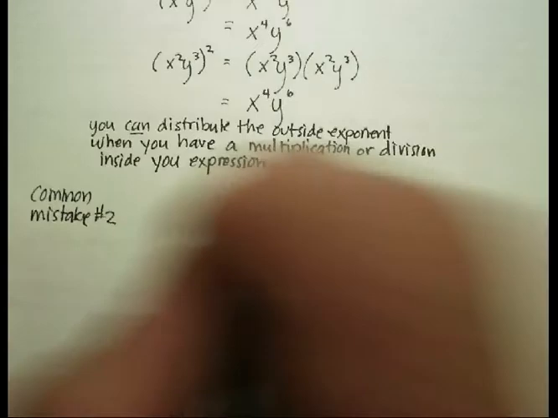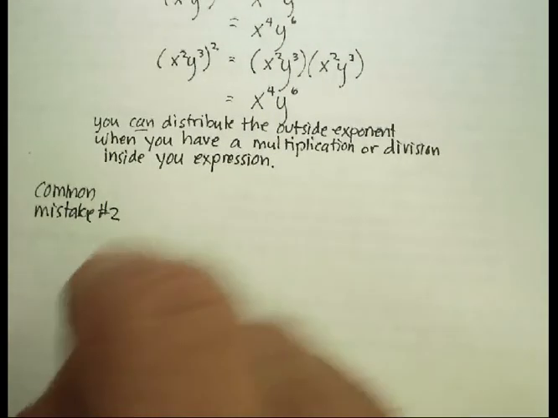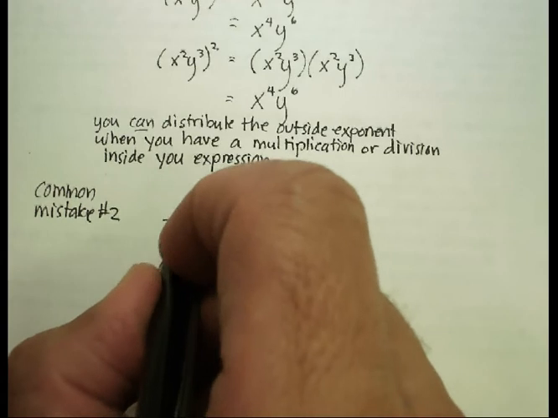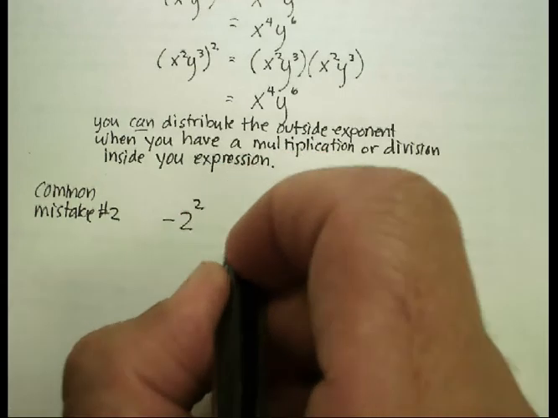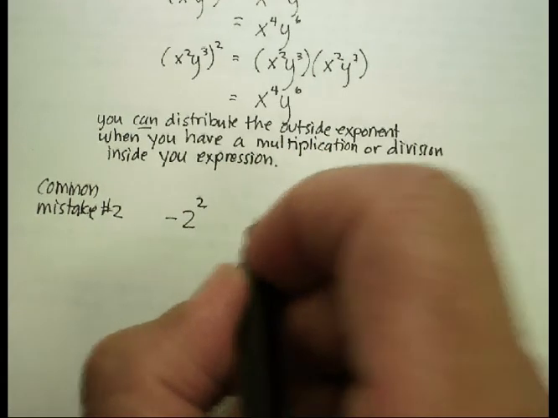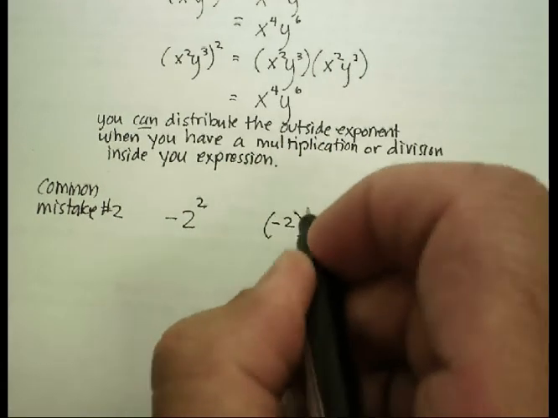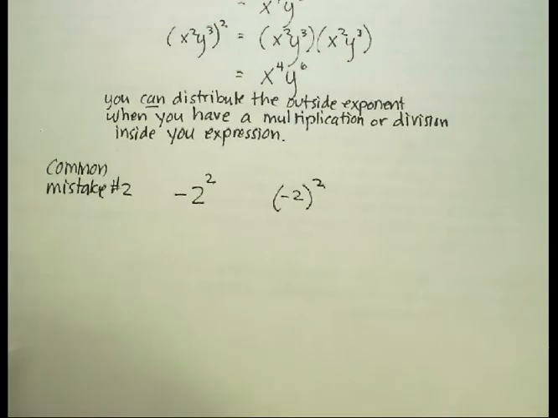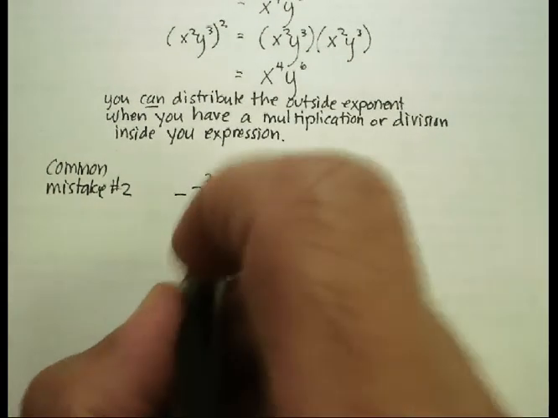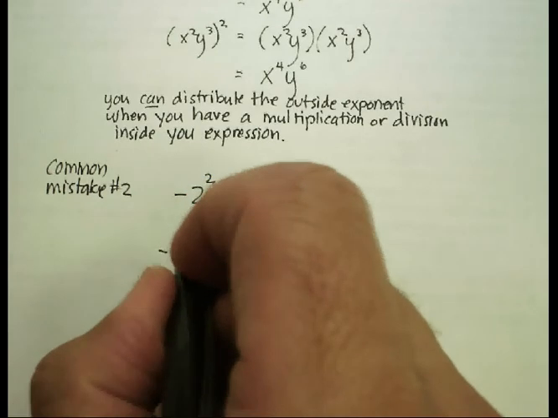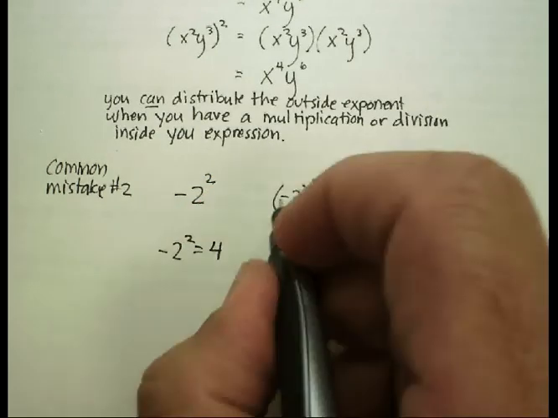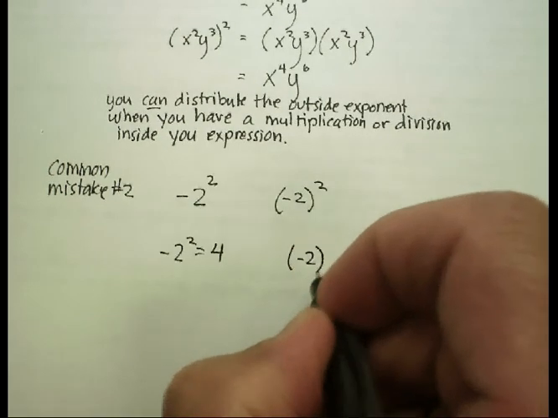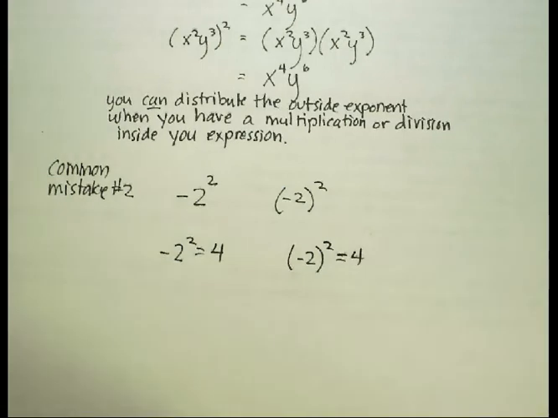Is the difference between, oh gosh, let's say negative 2 squared versus negative 2 squared. Okay? You might say, well, there is no difference. Negative 2 squared is equal to 4. And then negative 2 squared is equal to 4.